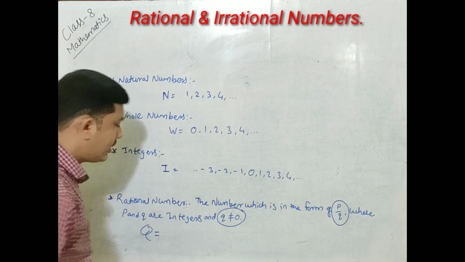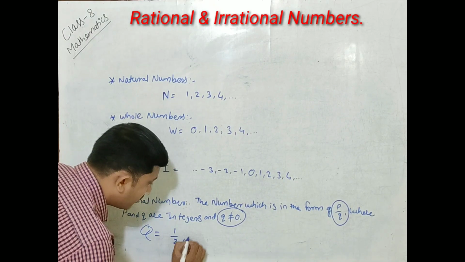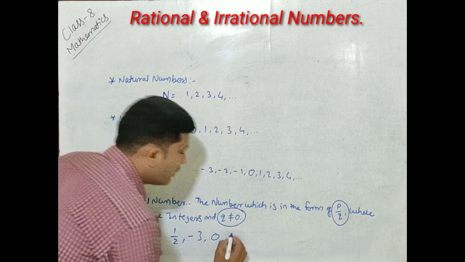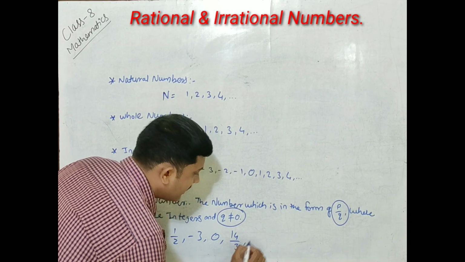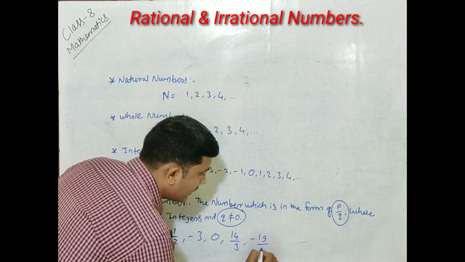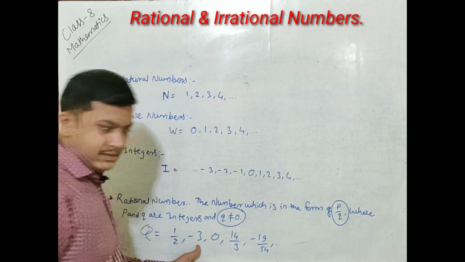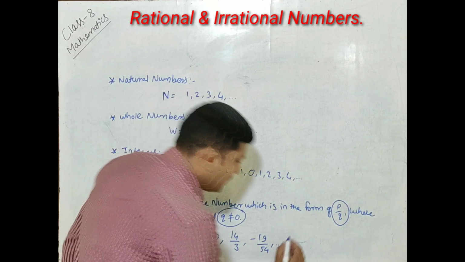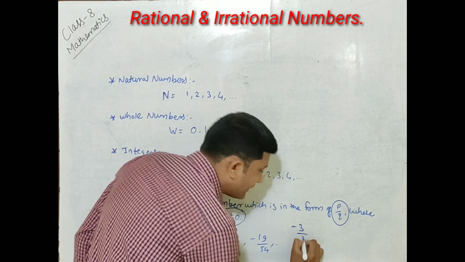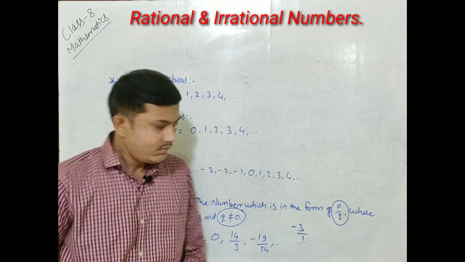Then the examples will be what? 1 upon 2, minus 3, 0, 14 upon 3, minus 19 upon 54, and so on. Here minus 3 will also come, because minus 3 can be represented by minus 3 upon 1.